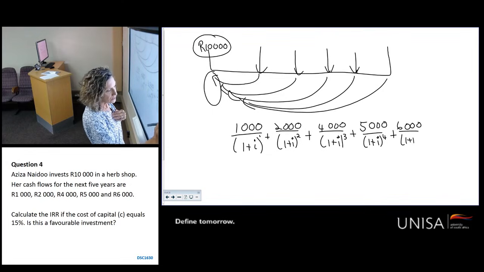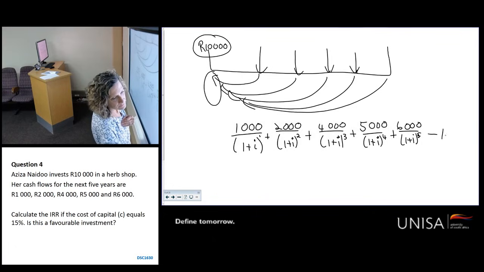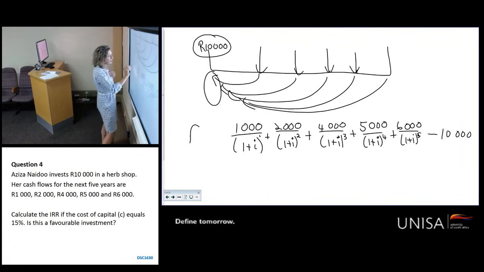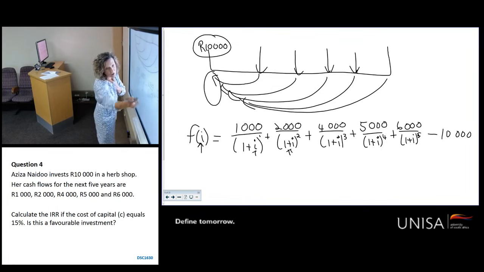So I need to calculate all of that minus 10,000, and we call it IRR if you want to. I need to determine the I, so that this whole thing will give me an answer of 0.